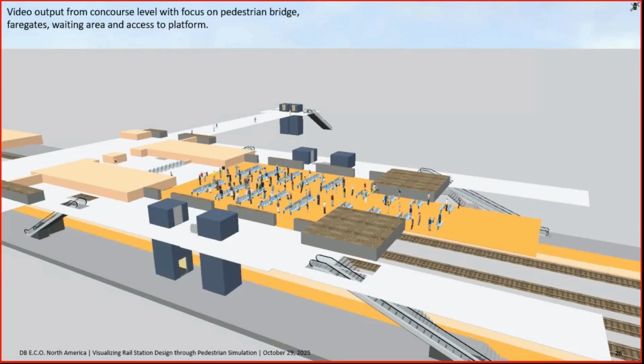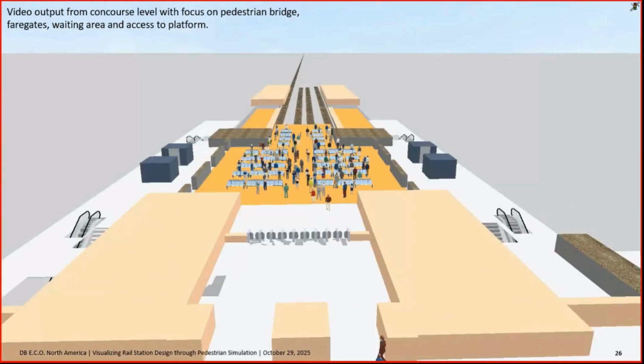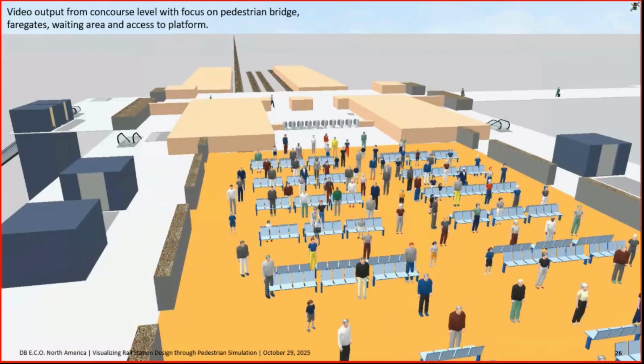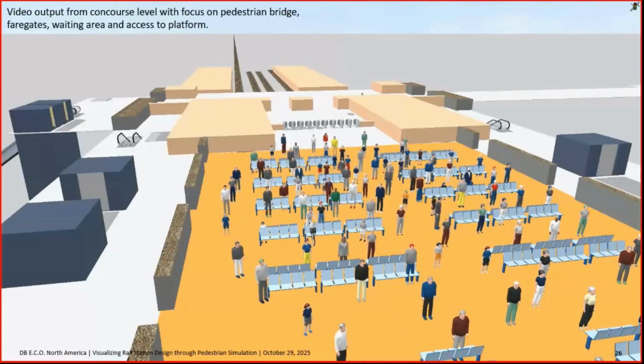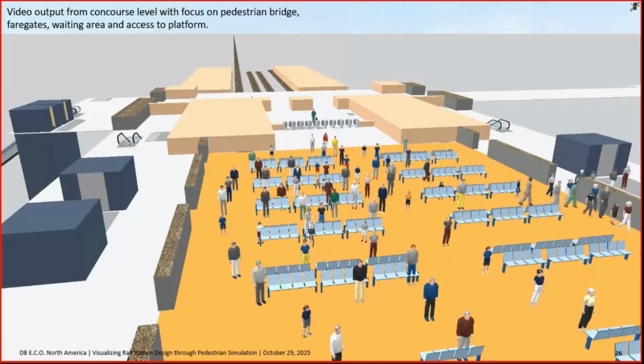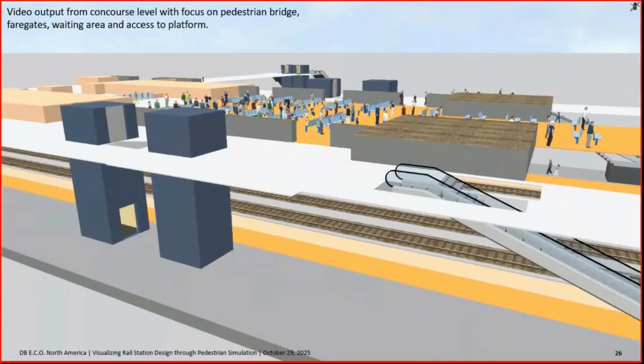So I have a demonstration of the concourse level. So you can see passengers arriving, gathering in the waiting area. And then the northbound passengers are called to board.